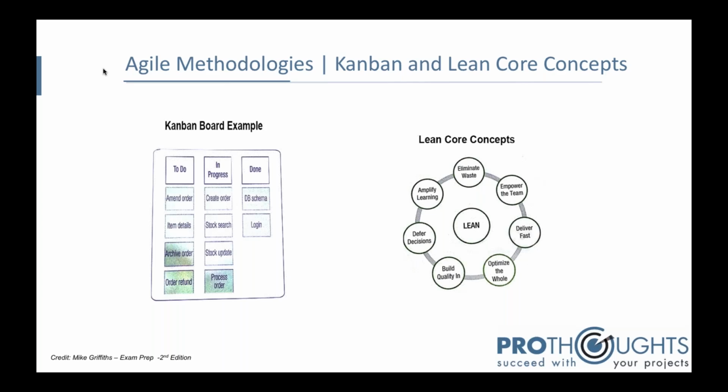Okay, PMI has come up with a certification which encompasses every methodology. There is another certification of Scrum, which only focuses on the Scrum methodology. So these are the different methodologies. This is the agile way of working, right?